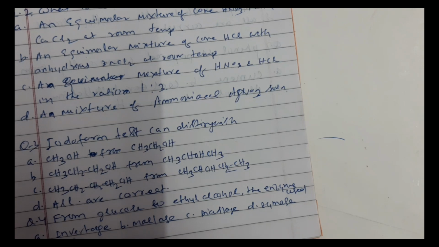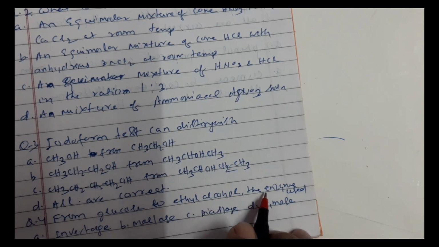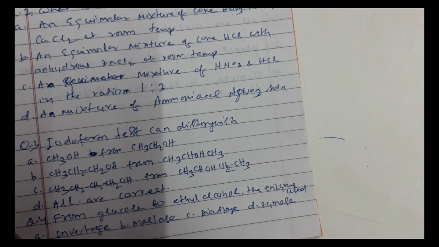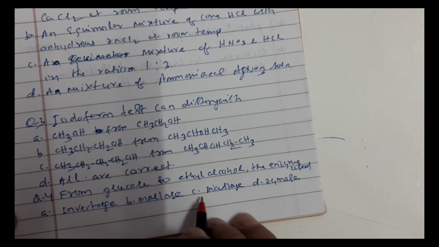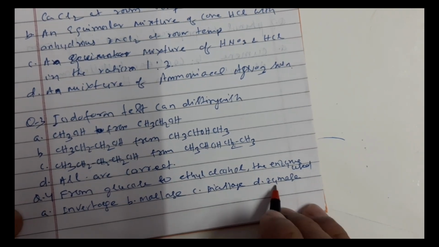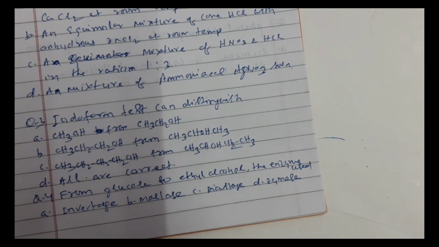So the question is, from glucose to ethyl alcohol, what is the enzyme used? So these are the choices: invertase, maltase, diastase, and zymase. So the answer is zymase.